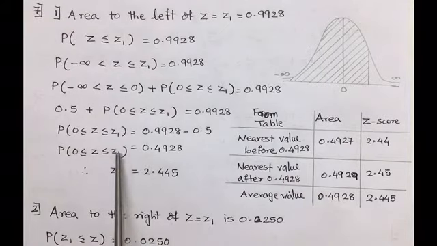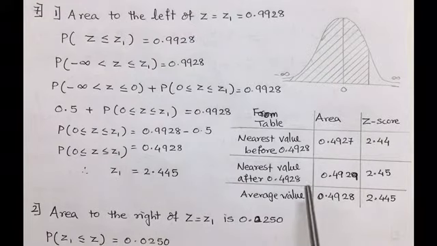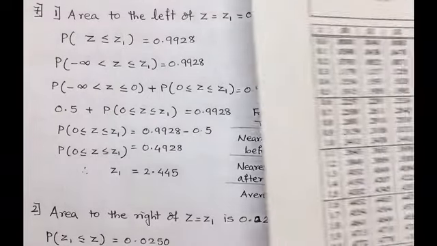Now to calculate the value of z1, we have to take the help of the table, and we have to search the point 0.4928.